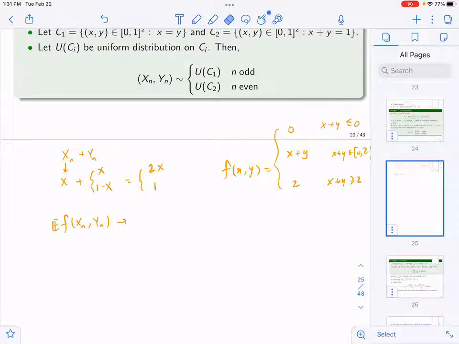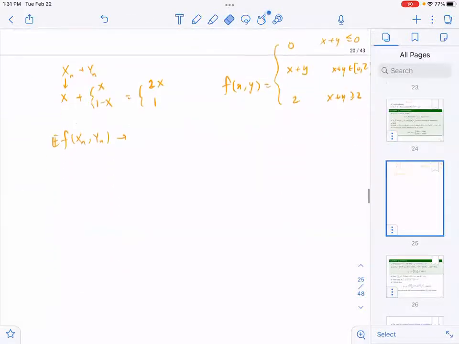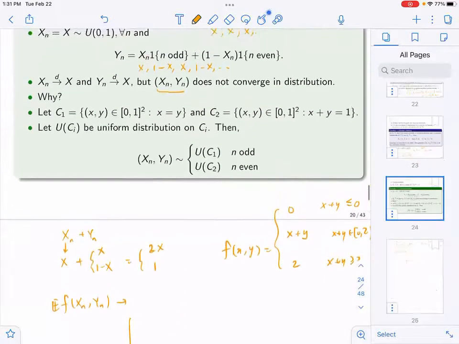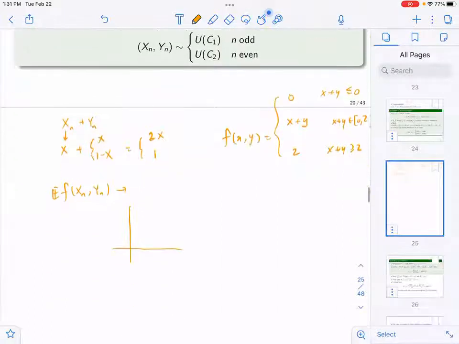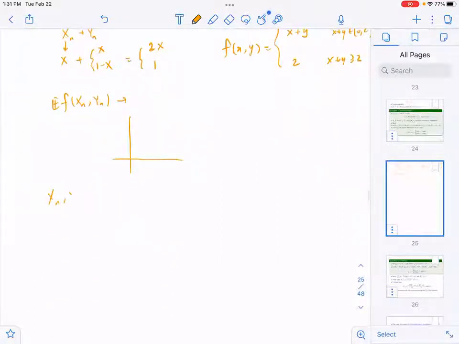The claim here is that it actually doesn't converge to anything. The easier way to see is to look at the distribution of the sequence. What does the distribution look like? It's going to alternate between x, x versus x and 1 minus x.